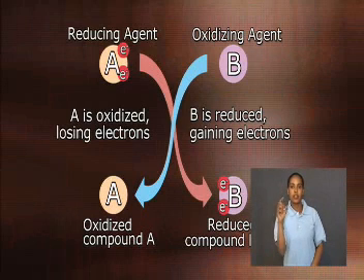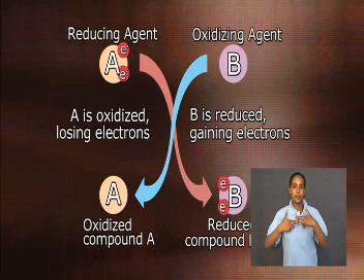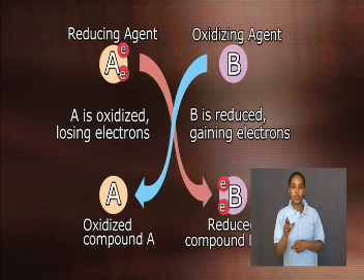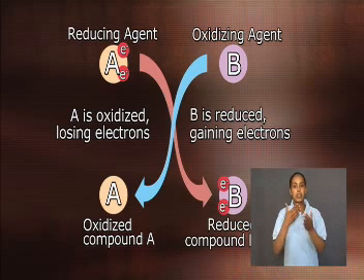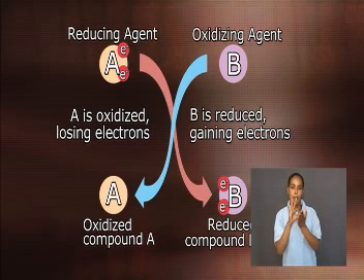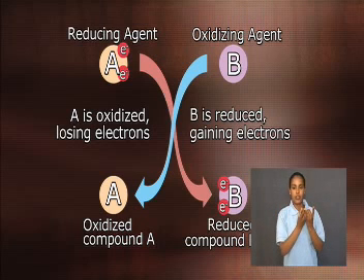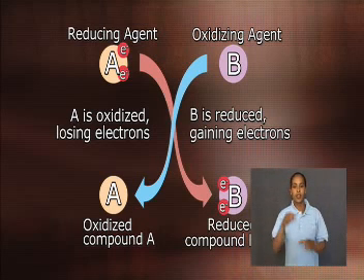Oxidation reduction reactions, or redox reactions, refer simply to a change in oxidation number. The oxidation portion of the term refers to an increase in oxidation number, while the reduction portion of the term refers to the decrease in oxidation number.